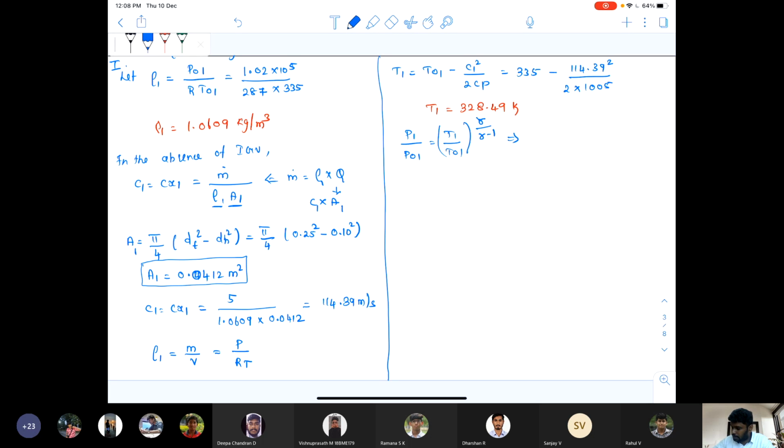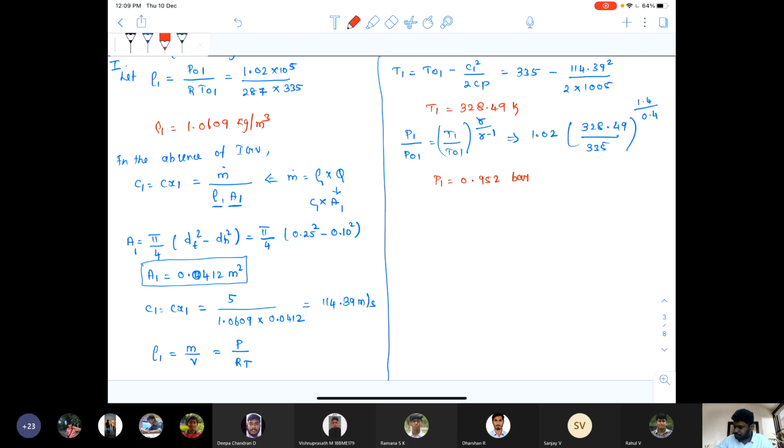That is, this will be equal to 1.02, P01 is 1.02, into 328.49 divided by 335 to the power of 1.4 divided by 1.4 minus 1, which is 0.4. And on calculation, the value of P1 will be equal to 0.952 bar.